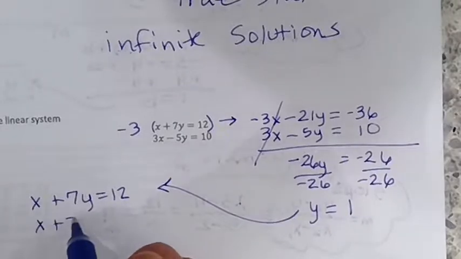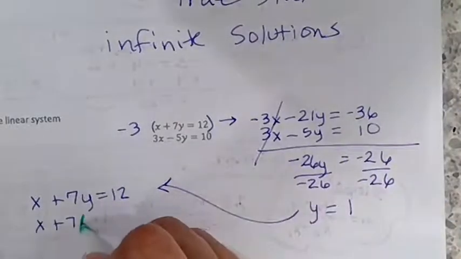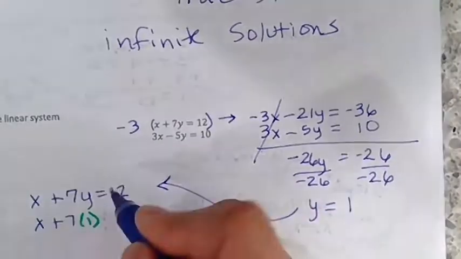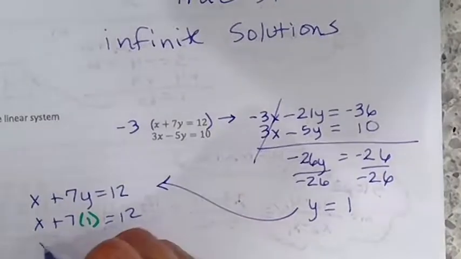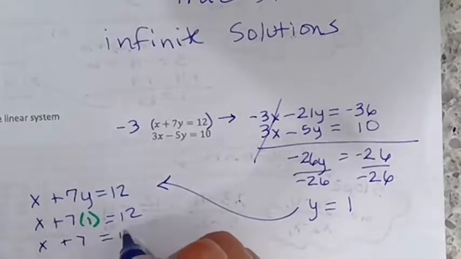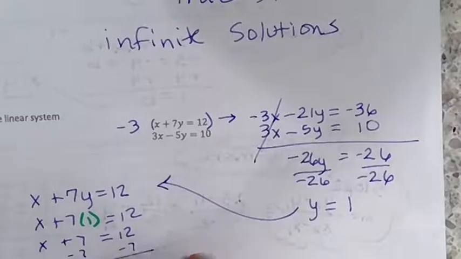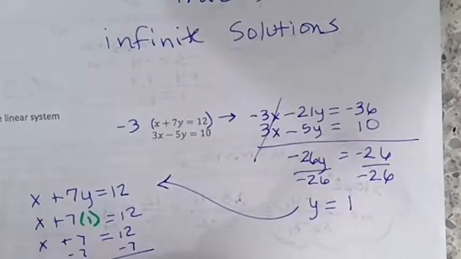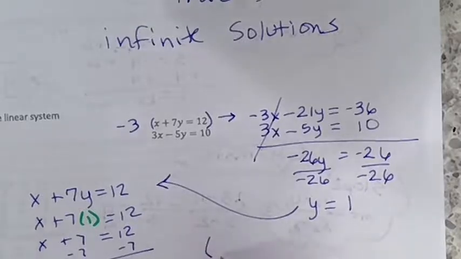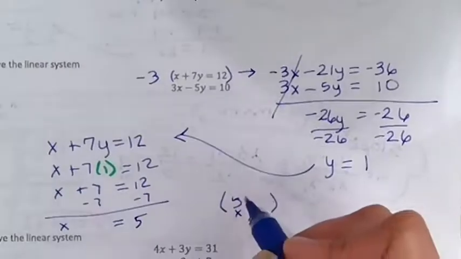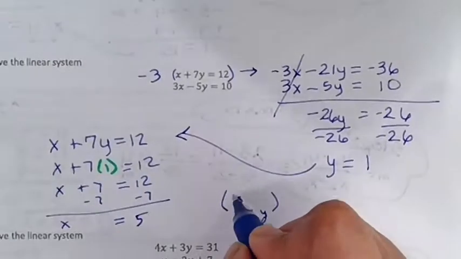Good. X plus 7 times 1 equals 12. Seven, so 5. So your answer is your x and then your y. Oops, you guys can't see. That's a 5.